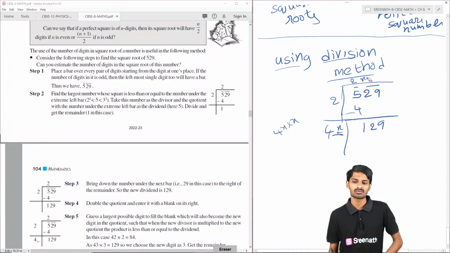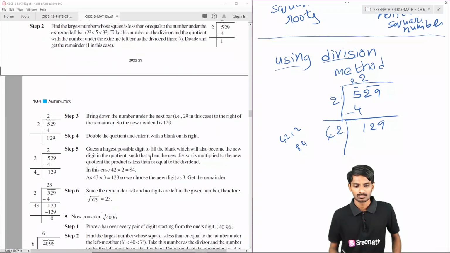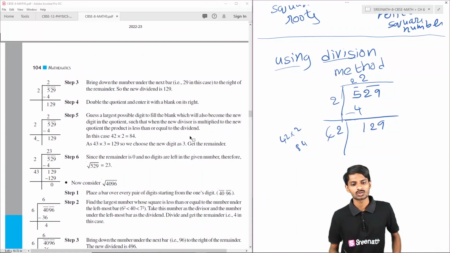Like that, you have to find one number, and what is that number, students? If you see, let it be 2. 42 into 2 is 84. So we will make it 43 into 3.